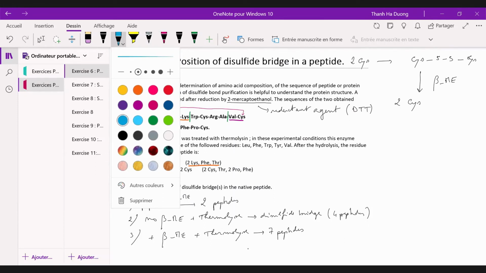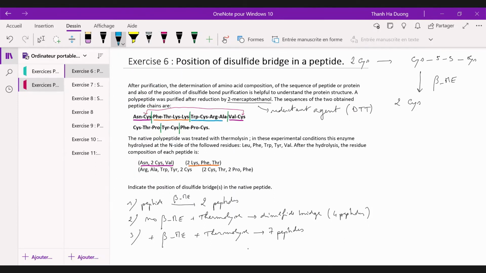But this one, tryptophan, cysteine, arginine, alanine. This peptide should be linked by a disulfide bridge to another peptide with tyrosine and another cysteine. So it should be linked with this one. Okay? It means that you have a disulfide bridge between this cysteine and this cysteine.